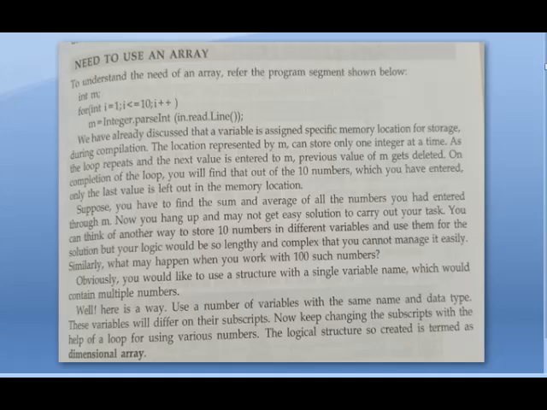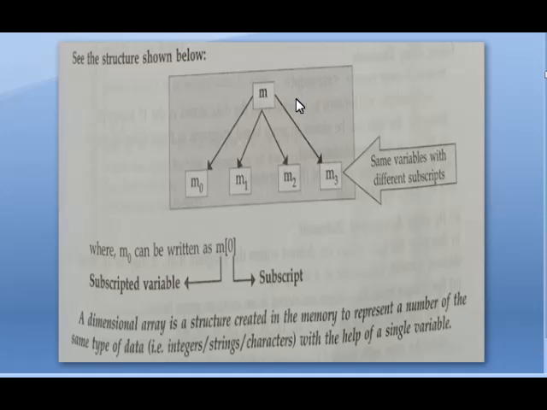The next one: see the structure of an array given below. m is the name of the array, and the subscripts or indexes are like this: m0, m1, m2, m3, and so on.